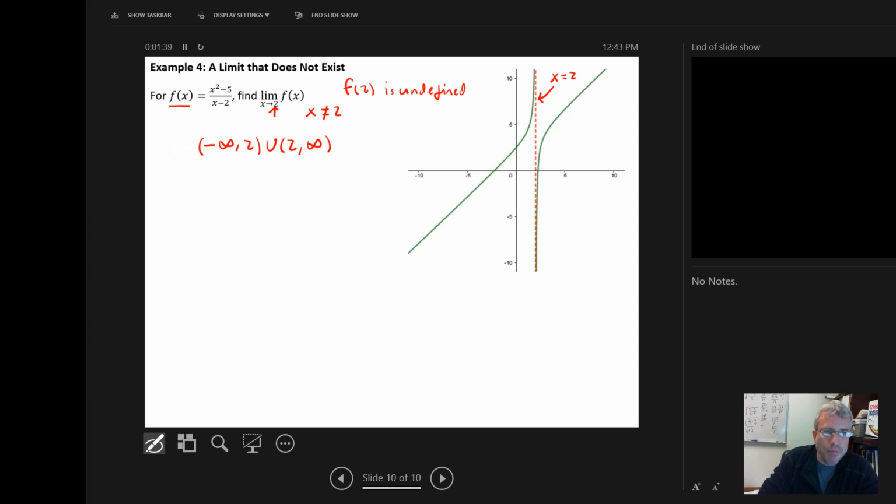So just like we've done before, we're going to let x go to 2 from the left side interval. This left-sided interval, let x approach 2. So take the limit as x approaches 2 from the left-sided interval or from the negative side. So we're going to let x approach an input of 2, and what we want to notice is that as x approaches 2, the graph is actually going to infinity.